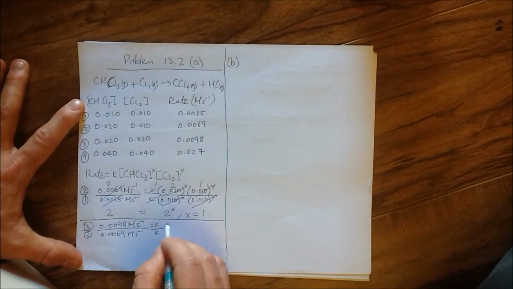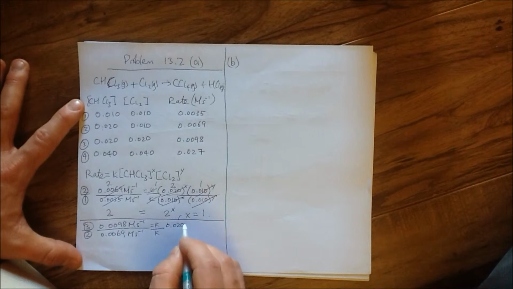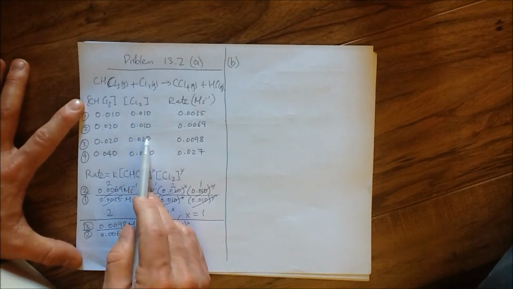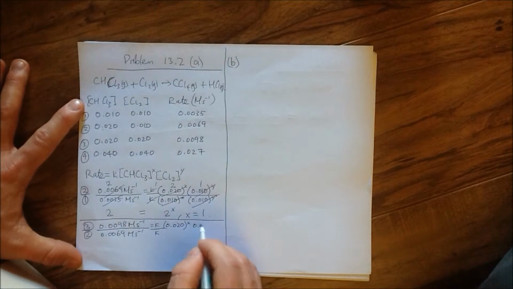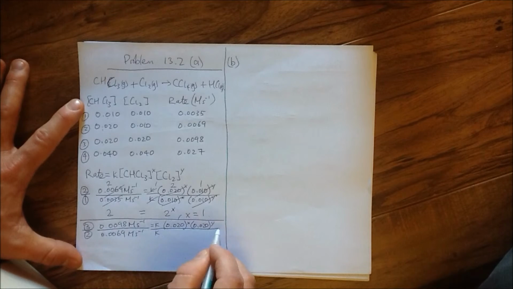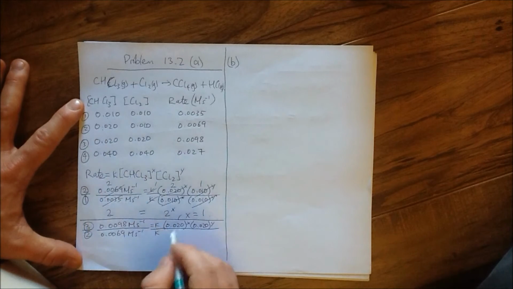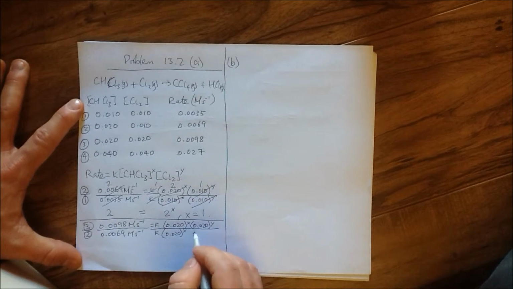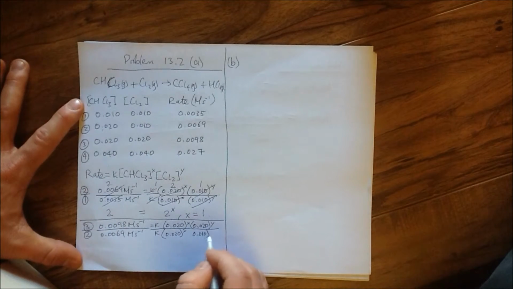Then we have 0.020 molarity to the x, 0.020 molarity to the y, divided by 0.020 molarity to the x, 0.010 molarity to the y.